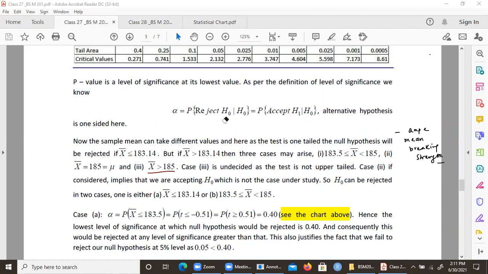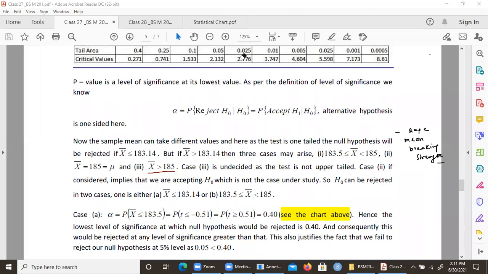So considering the null hypothesis to be true, that means considering mu equals 185, I am calculating this T statistic. So I'm standardizing by subtracting 185 from both sides and dividing by S over root n. And you have already done the calculation, which is T less than or equal to minus 0.51.